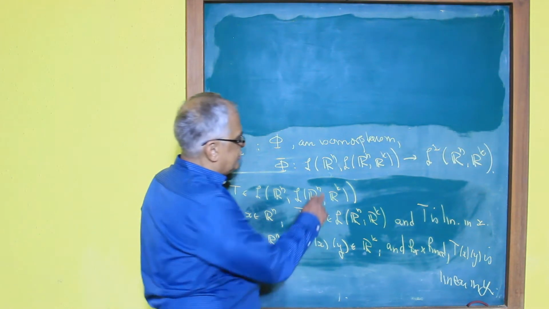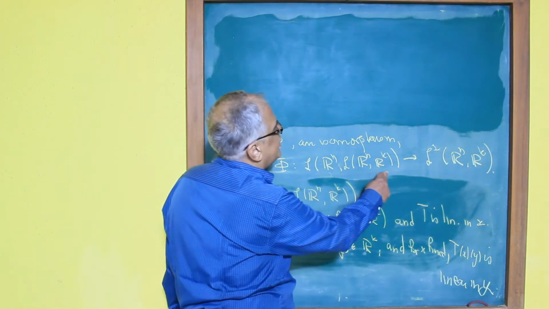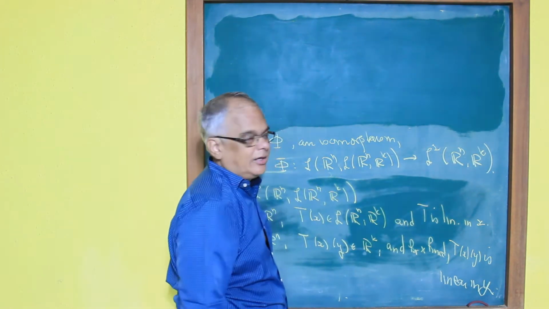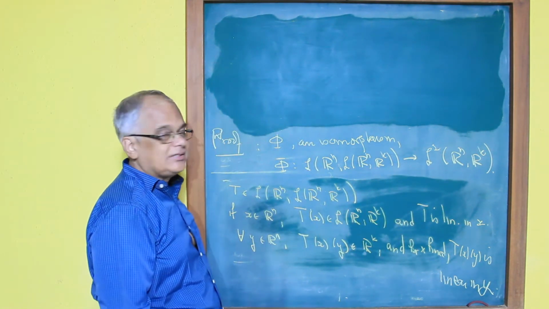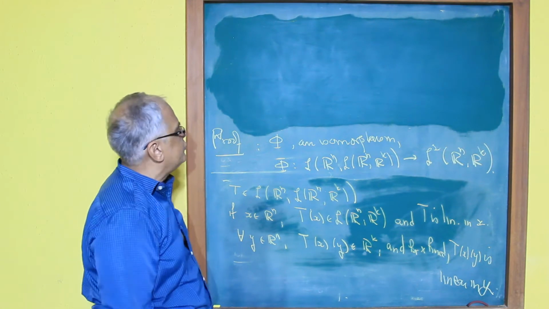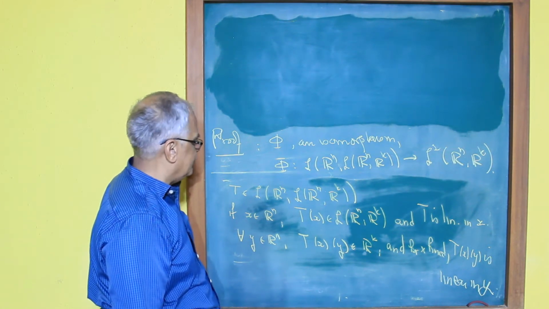So we want to show that the space L, Rn, Rk and L2 Rn, Rk, the bilinear maps, are isomorphic vector spaces. So I want to construct an isomorphism between these two.